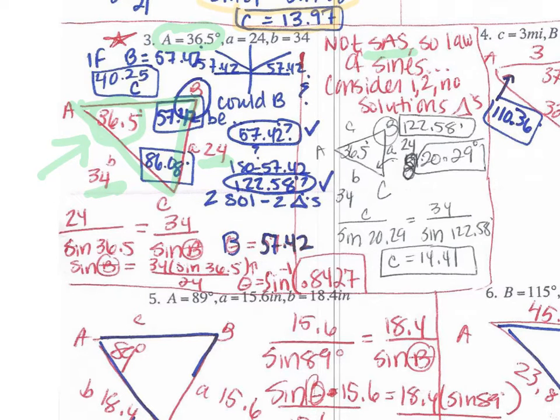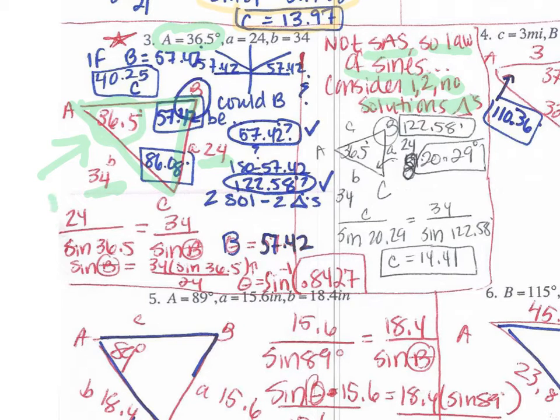You also need to remember that when you're using law of sines, you need to consider the three different possible outcomes. There could be one solution, two solutions, or no solutions. And when we say solutions, we mean the possible number of triangles we could set up. When you know one angle, you're then hunting for the second angle.